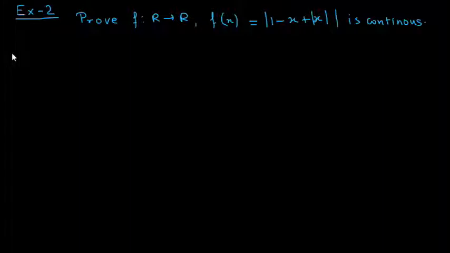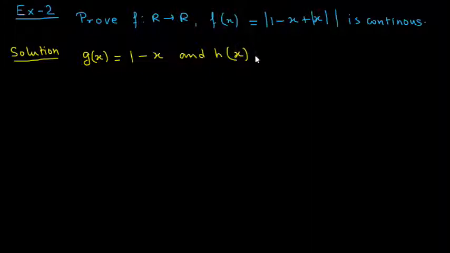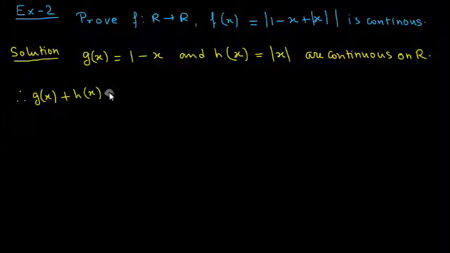So let us see the solution. gx is equal to 1 minus x and hx is equal to modulus of x are continuous on R. Therefore, gx plus hx is equal to 1 minus x plus modulus of x is continuous.